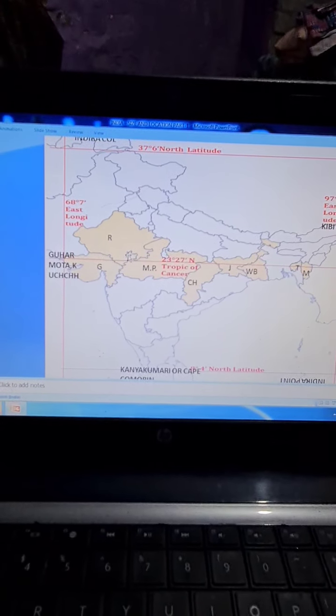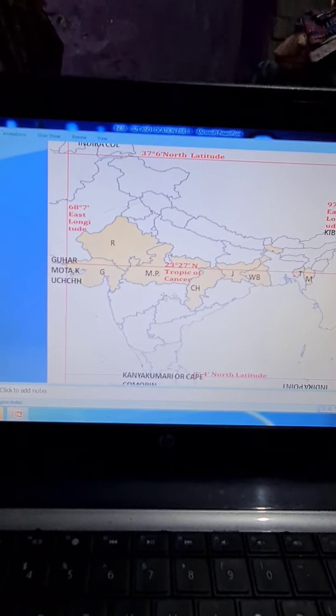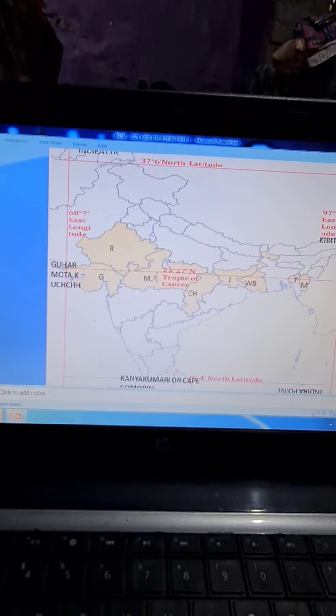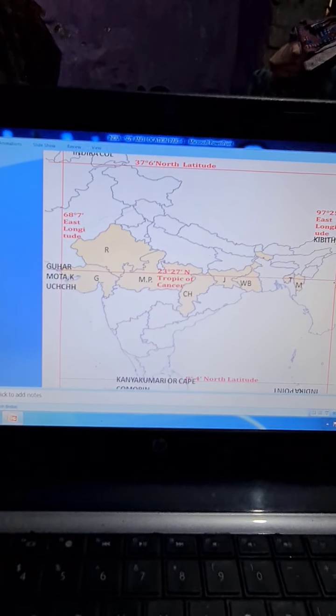Why have these names been mentioned? These names have been mentioned because these 8 states have been shaded, as the Tropic of Cancer of our country passes through these 8 states.